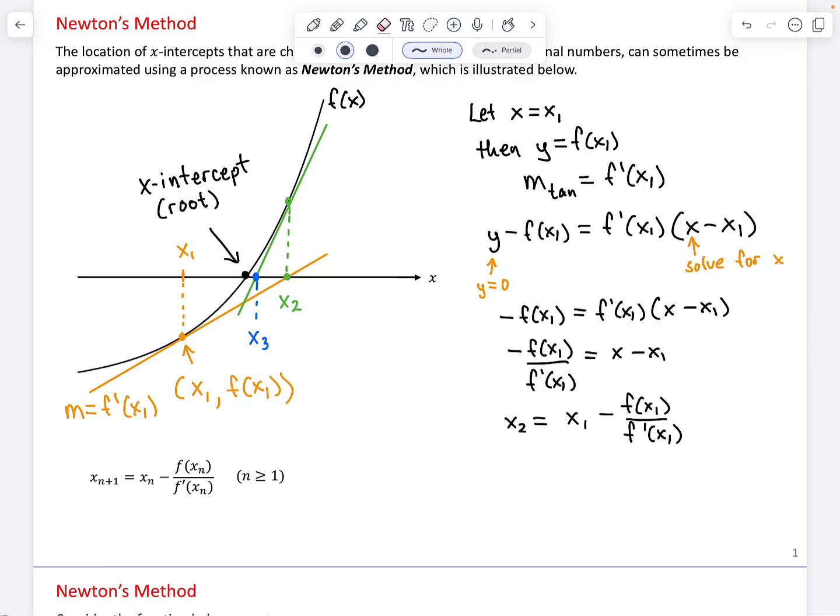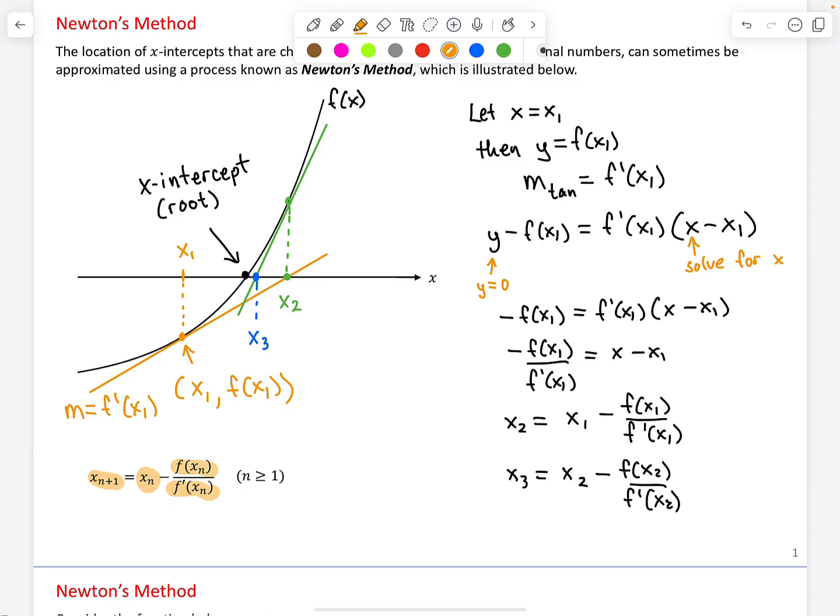Then we just repeat this exact same process, but beginning with x2 as my initial. So in other words, find the green line and then find its x-intercept and call that x3. And doing so produces that x3 would be the exact same formula, x2 minus f of x2 over f prime of x2, etc. And so we can generalize this into the following formula over here, that to find x sub n plus 1, we look at the previous x sub n, and subtract the fraction f of x sub n over f prime of x sub n.